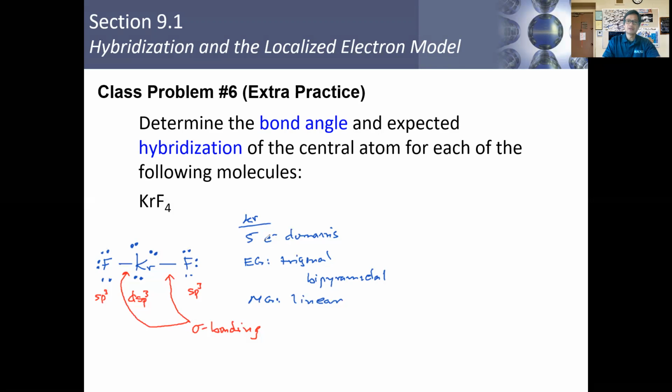Trigonal bipyramidal. When you have a trigonal bipyramidal shape, we saw that was related to the dsp3 hybridization. The good news with the AP exam is that they're not going to ask you, especially this year, about dsp3 hybridization. They're not going to ask you about any type of hybridization outside of sp, sp2, and sp3.